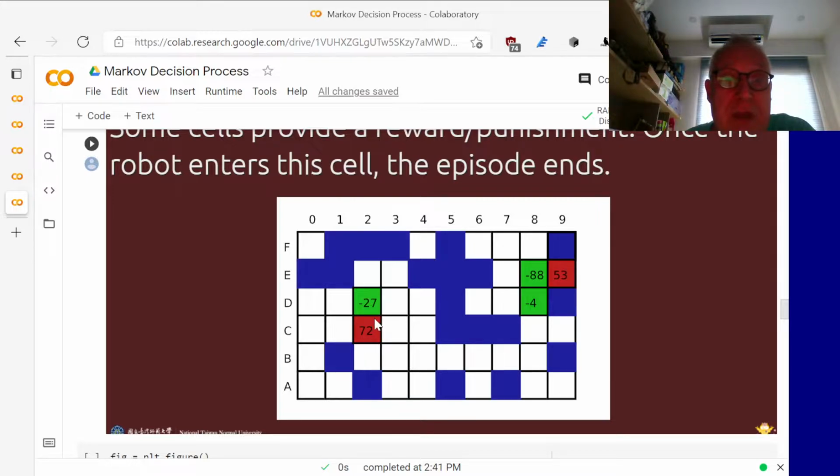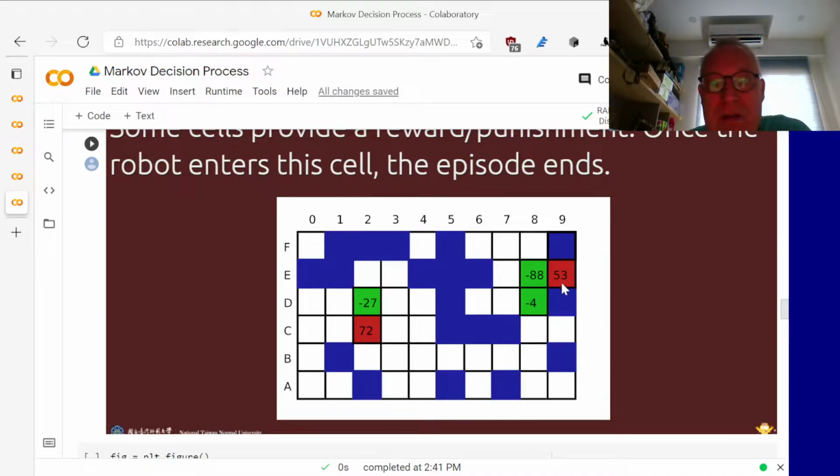Now, some of the cells have rewards attached to them. I guess that's because we're in Taiwan, so positive reward is red and green is a negative reward. If the robot enters cell C2, it gets 72 virtual dollars.